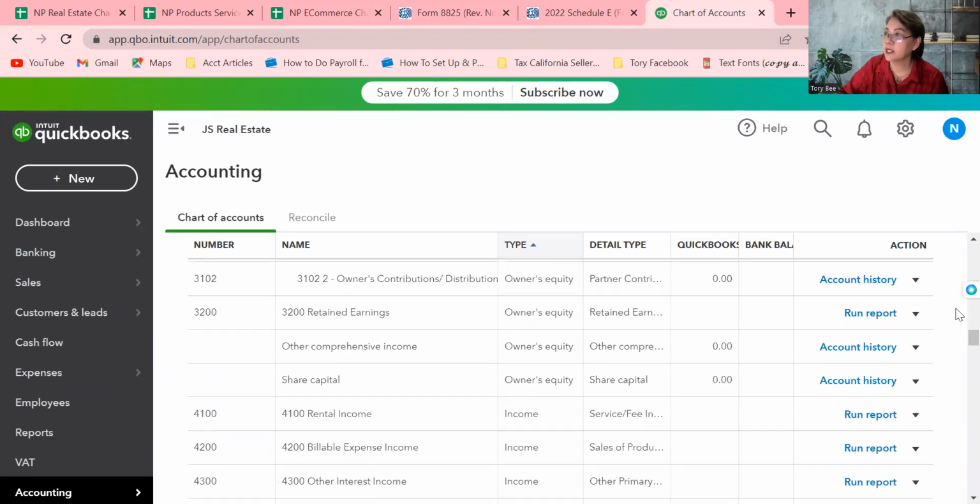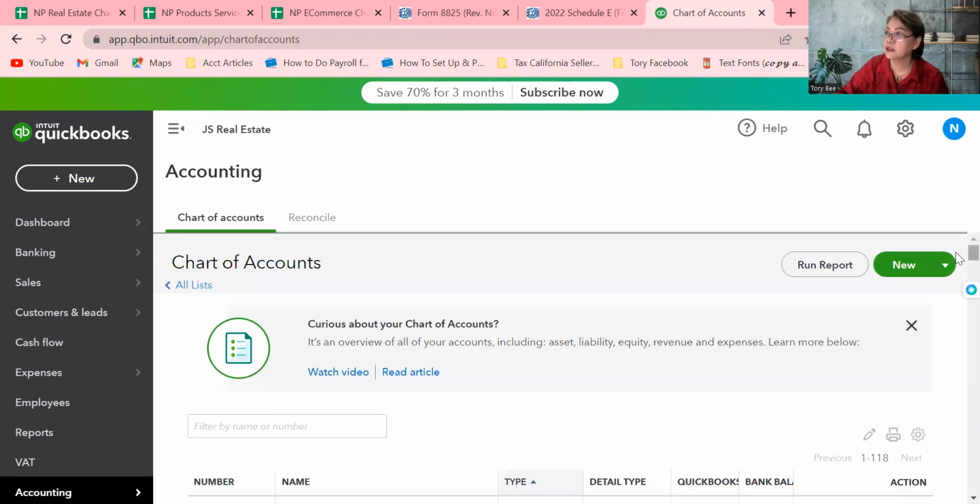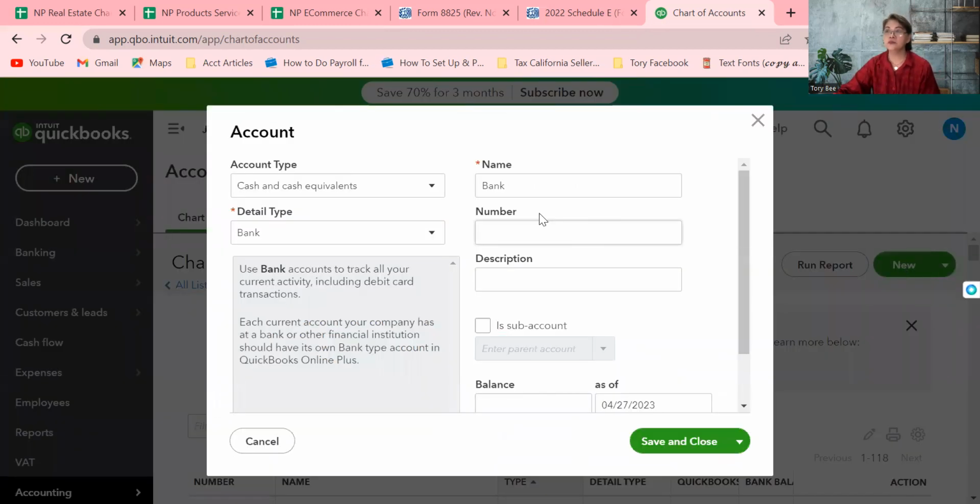Why is it that I'm having a hard time? Okay, new. Because this is a tax preparer. Of course, we'll have an account for tax preparer and CPA, right?